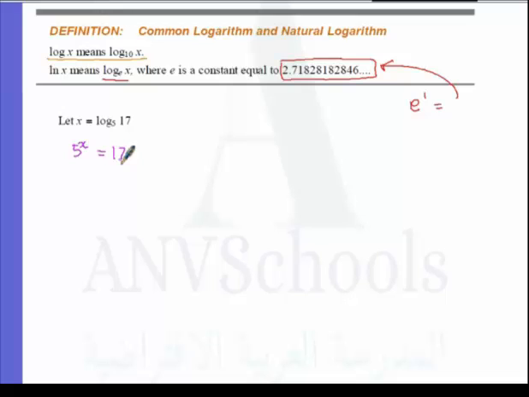And this gives me, because this one could be translated as log 10 5^x, and the other one is translated as log 10 of 17.